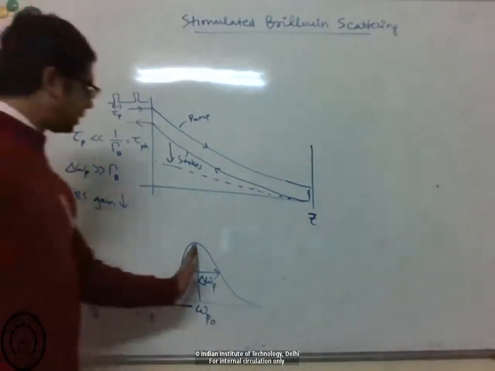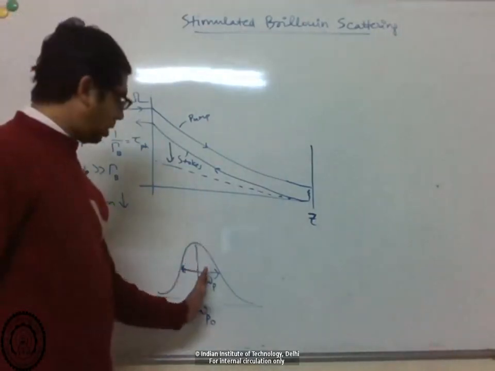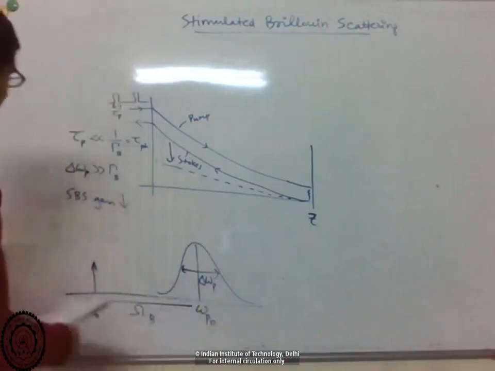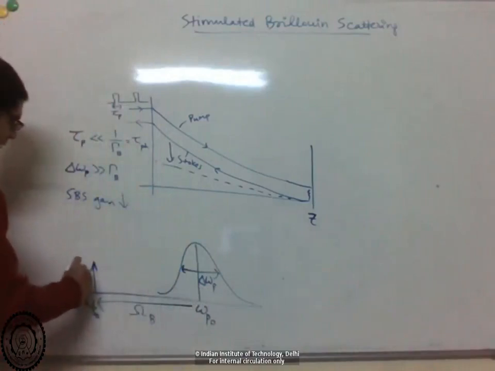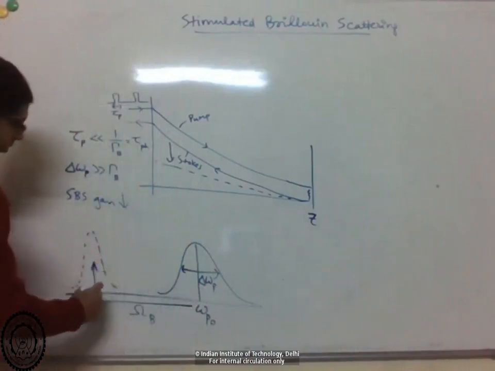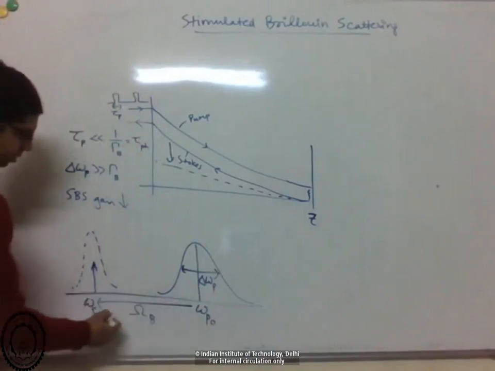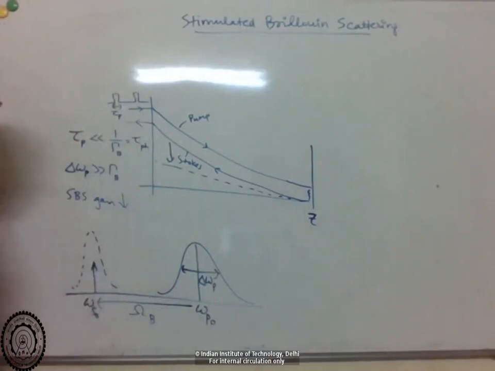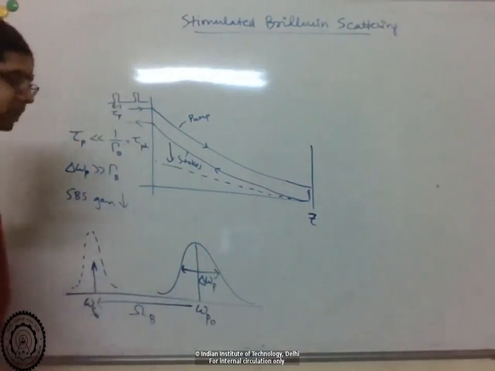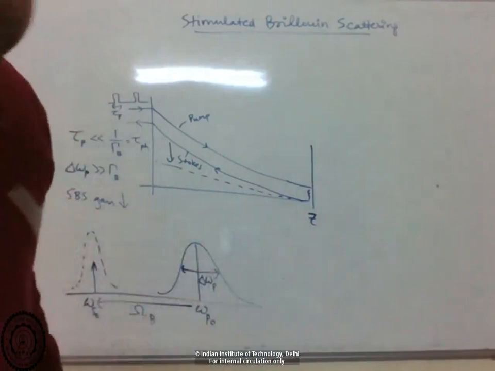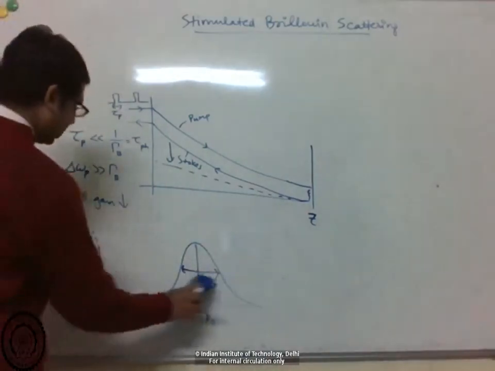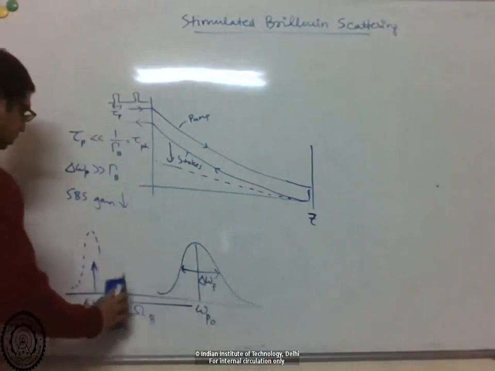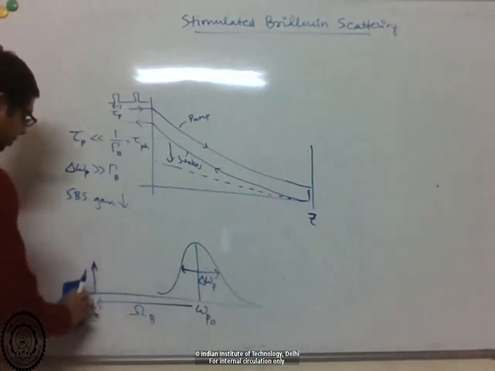So if this was just a monochromatic pump beam here, if delta omega p was 0, then we saw that there was a Brillouin gain here whose peak was at omega b, right? And so then this will get amplified with the peak gain. But now you can see that there's a range of frequencies, right? So each frequency will contribute its own Brillouin gain, but they'll all be shifted from each other.